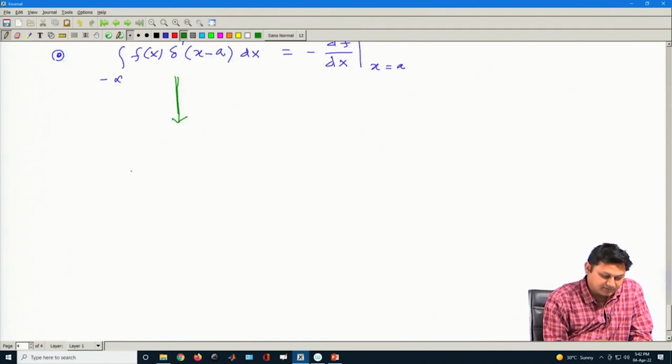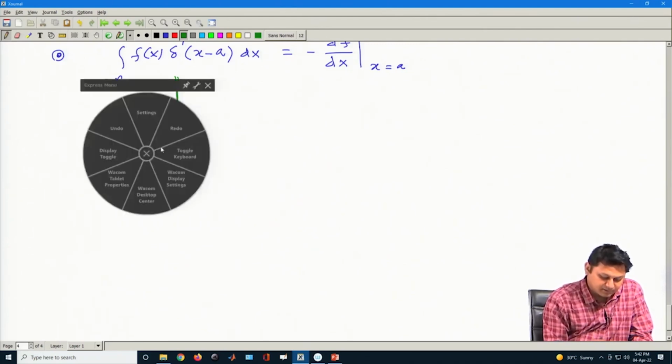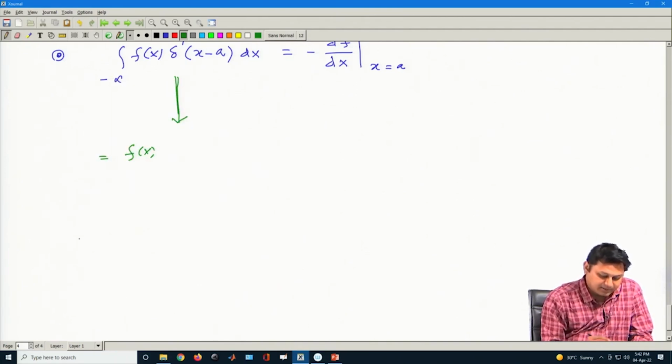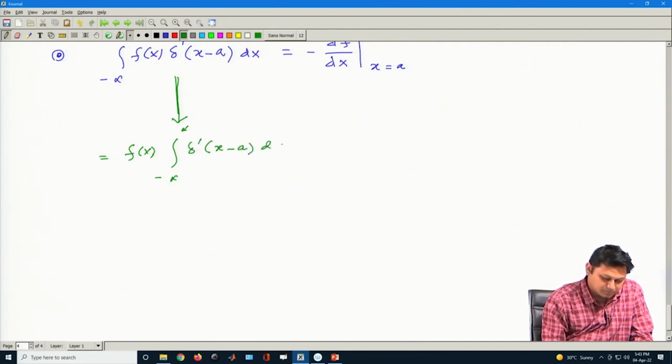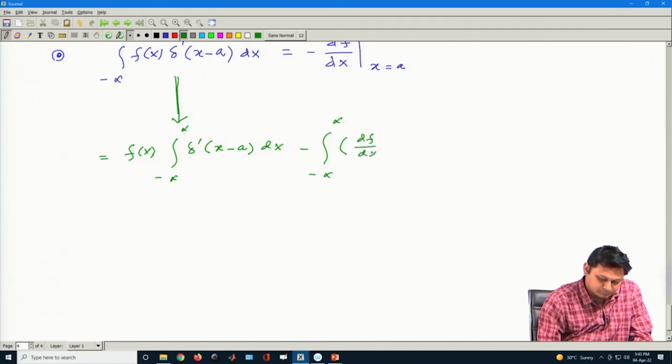To evaluate this integral, take the first function f(x), multiplied by the integration of the second function, minus the derivative of the first function multiplied by the integration of the second function, and then the whole dx.